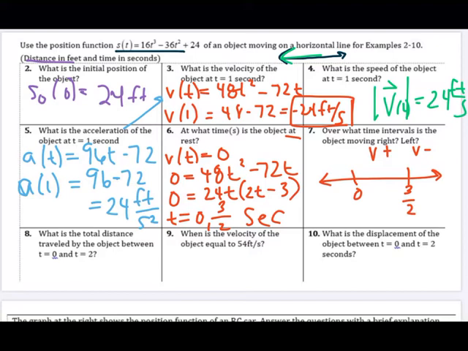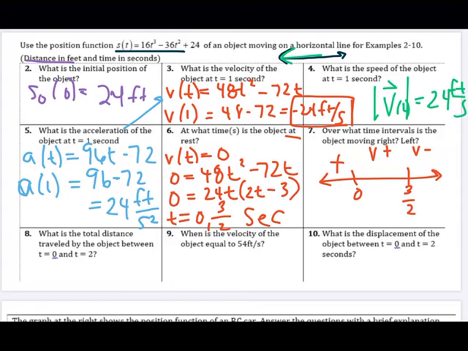And what I mean by that is you can just think about what happens if you plugged in a negative number into our velocity function from number 3. So in my head, I'm just going to plug in -1. If I plugged in -1, 48 times -1 squared minus 72 times -1, that's going to be a positive number. So I'm just thinking of a number smaller than 0, plugging it in to see what would happen in the velocity function.